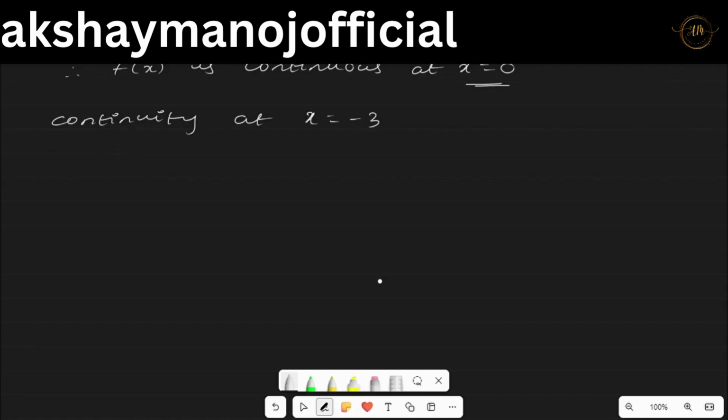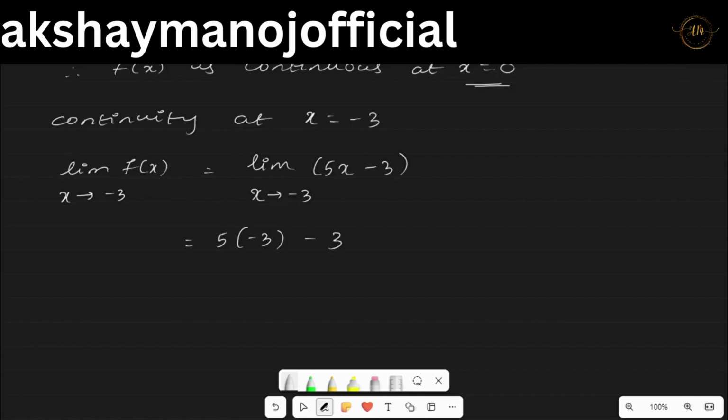So limit of f of x as x tends to minus 3 is equal to limit of 5x minus 3 as x tends to minus 3, which is further equal to 5 into minus 3 minus 3, which is equal to 5 3s are minus 15 minus 3 equals minus 18.